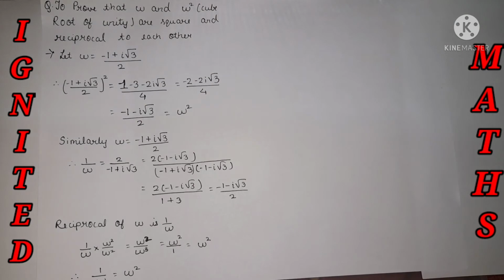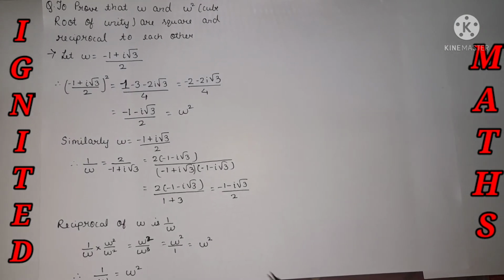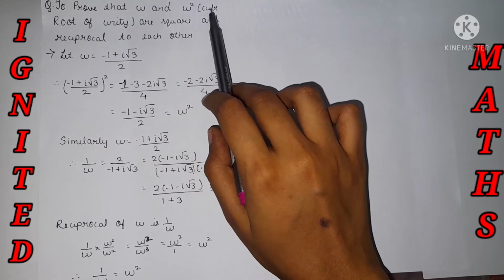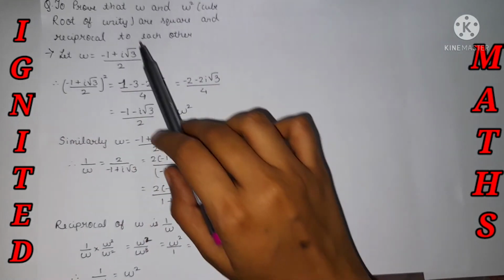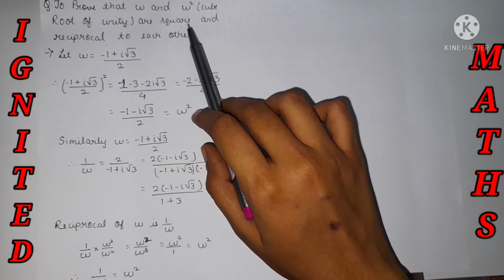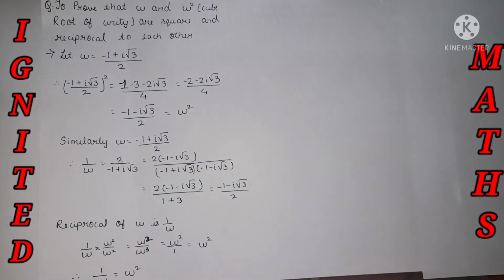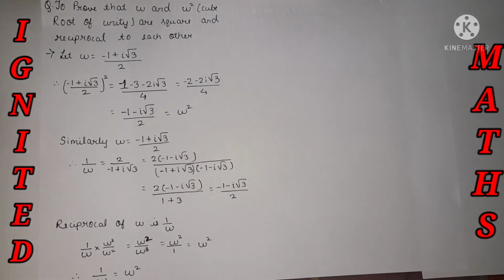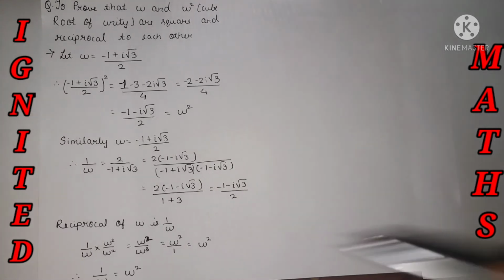There are two proofs I'm going to show over here. It's nothing but to prove that omega and omega square, the cube roots of unity, are square and reciprocal to each other. Okay, this is what I'm going to show over here. So let's get started. For that purpose, I need the omega value.